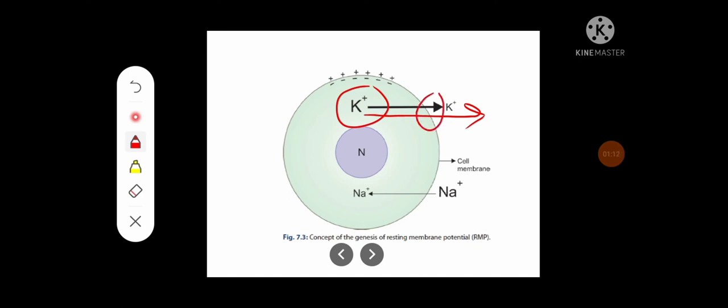Similarly, extracellular sodium is high and it tries to diffuse in, and then an electrical gradient is produced for sodium, and this tries to push it outside, and thereby equilibrium is produced for sodium, and that is called the Nernst potential for sodium.